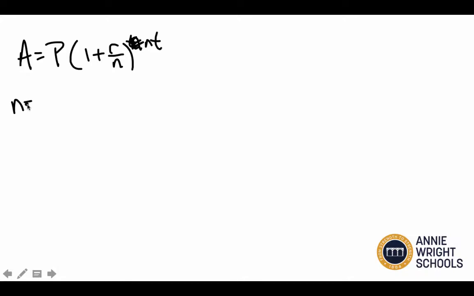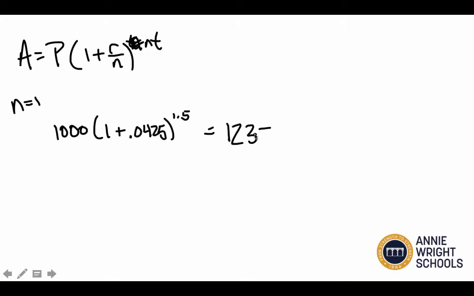For n equals 1, you will get the simple interest formula. So that's 1,000 times 1 plus 0.0425 to the 1 times 5. When you calculate that, I'm doing it on my calculator as we speak, 1,000 times 1 plus 0.0425, close that, raised to the 5, you should get 231 and 35 cents.